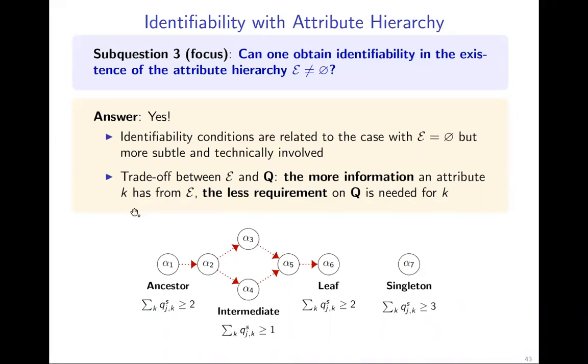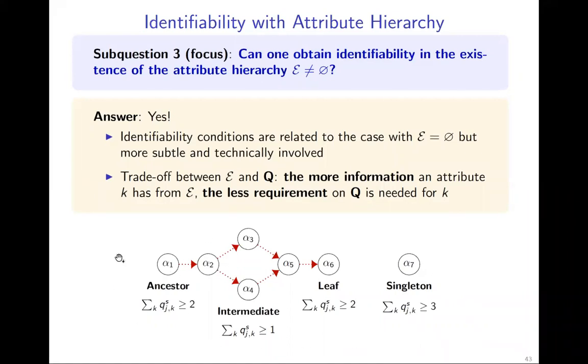And these conditions also reveal the trade-off between the hierarchy graph epsilon and the design matrix Q. Generally, it can be summarized as: the more information an attribute k has available from epsilon, the less requirement on the design matrix is needed for this attribute to establish identification.